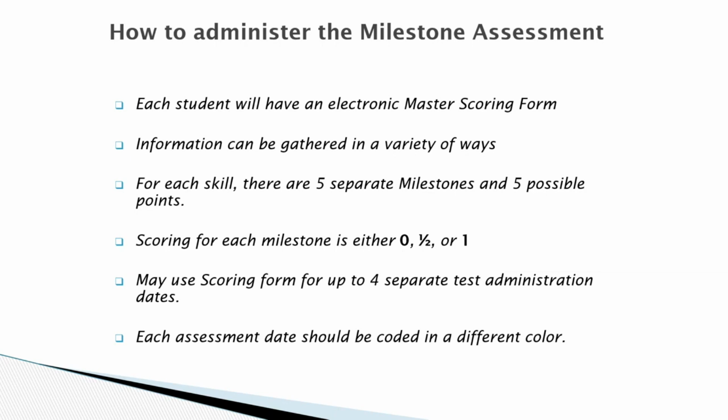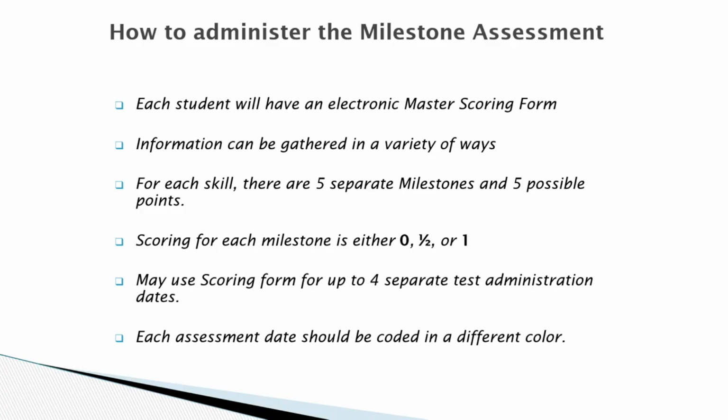Our goal is to effectively and efficiently determine what the student can do so that we can design an appropriate instructional program. Each student will have an electronic scoring form. This can be found in a link at the end of this training.